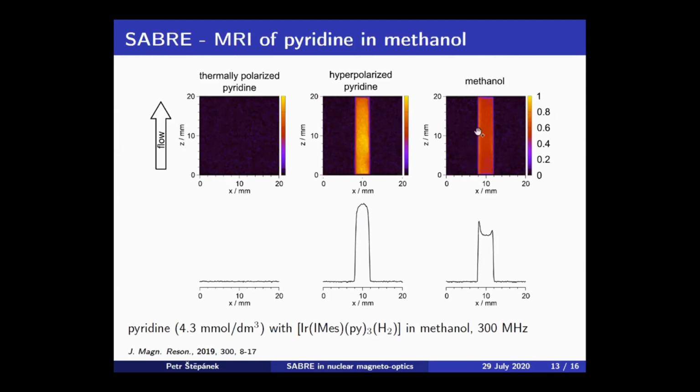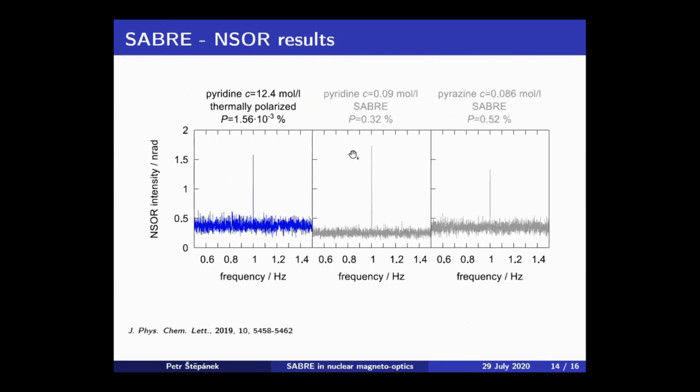So as we know, the sample that is near the edge of the tubing stays there for the longest time. So the thermal polarization in the case of methanol increases, but the thermal polarization in the case of pyridine actually decreases the signal there.